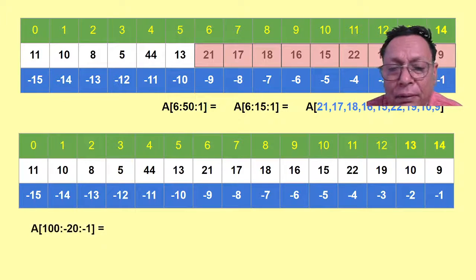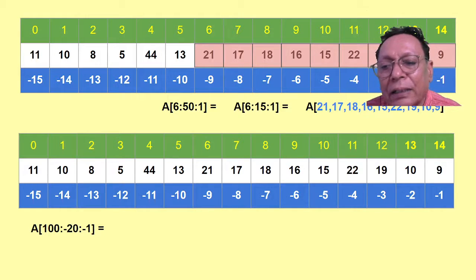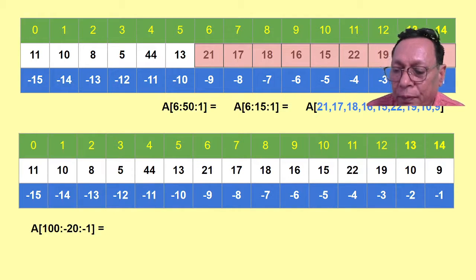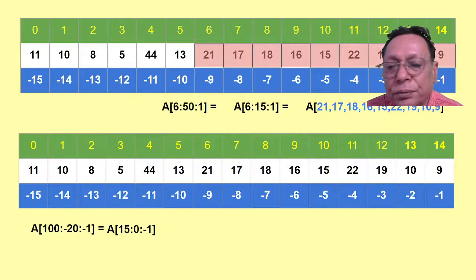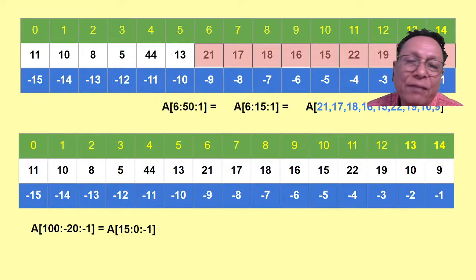An example here, both the starting and ending indexes are not in the list, but we'll have to move from right to left. So again 15 to 0 with minus 1 as the gap means you are traversing from right to left.